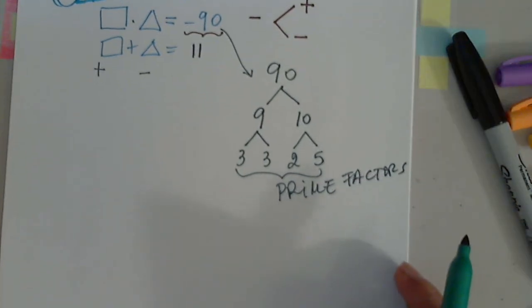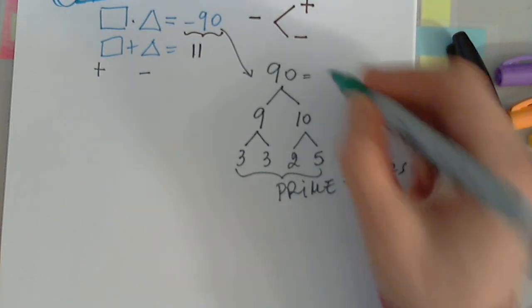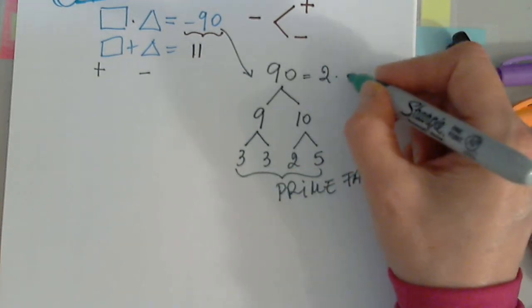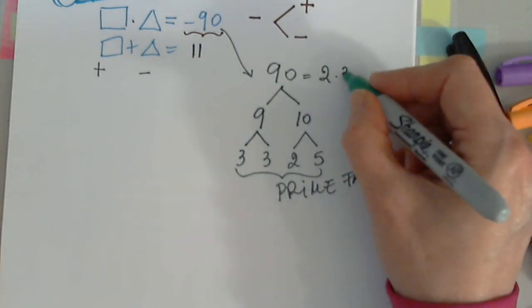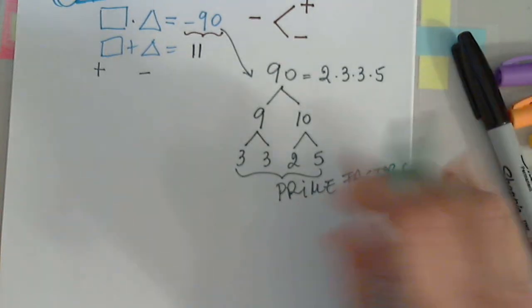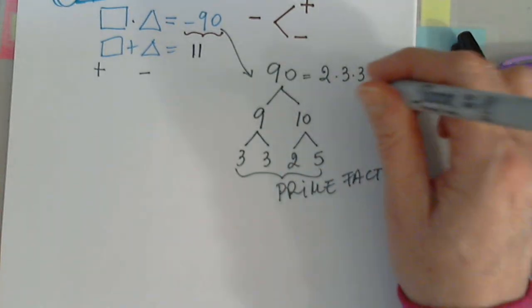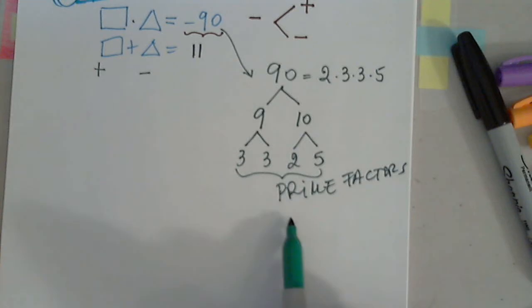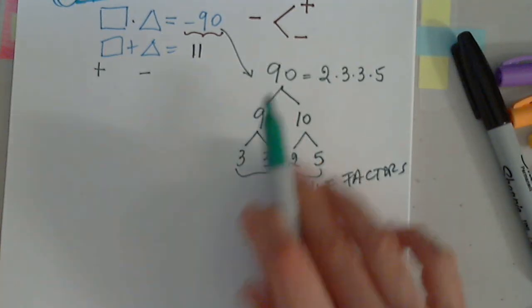Prime factors. What do I need this for? I'll put them in ascending order. I will not write 3 squared; we normally don't write this. We write 2 times 3 squared times 5 as the prime factorization of 90.